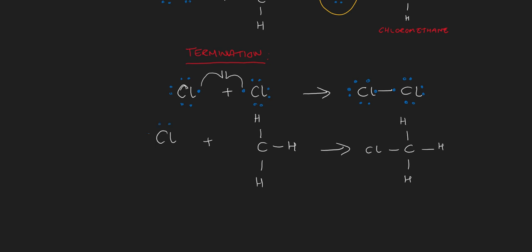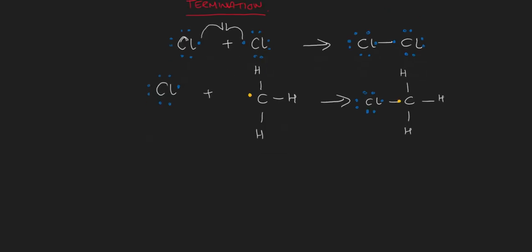And you might find this a bit tedious, but it is important to clearly identify them. And showing the electrons on our methyl free radical too. Okay, and showing it over here as well. So we can have a chlorine radical reacting with a methyl radical, and then finally we can have two methyl radicals react together.